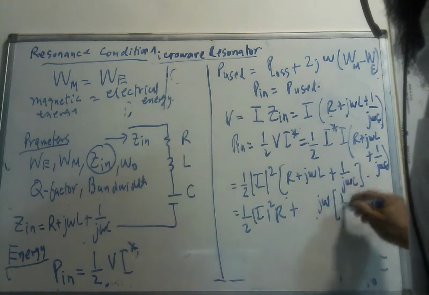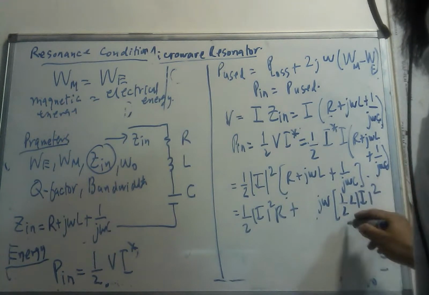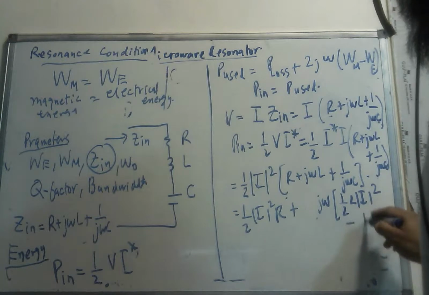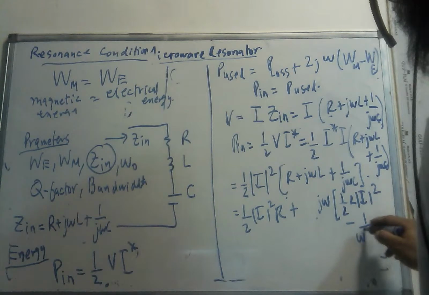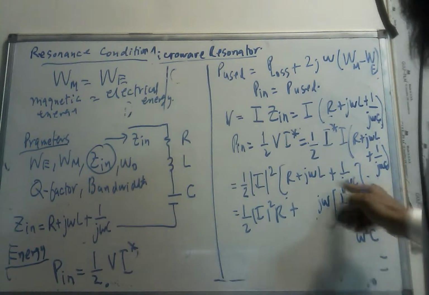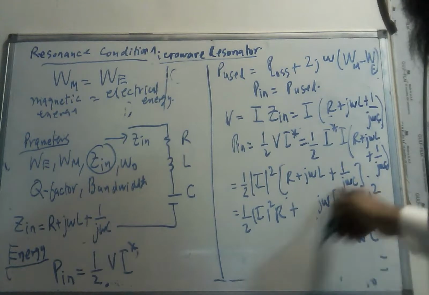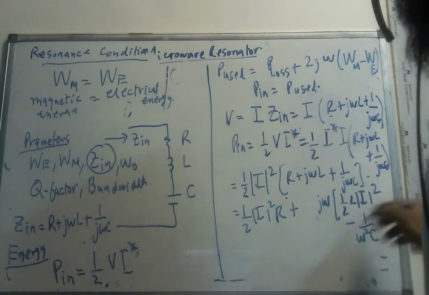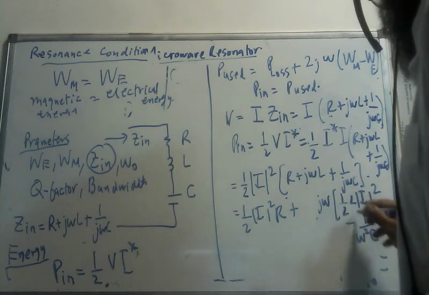So I have 1 over 2 L I square minus 1 over omega square C, because omega is outside so I put omega square here, and with j I put minus, and there is 1 over 2 also here.